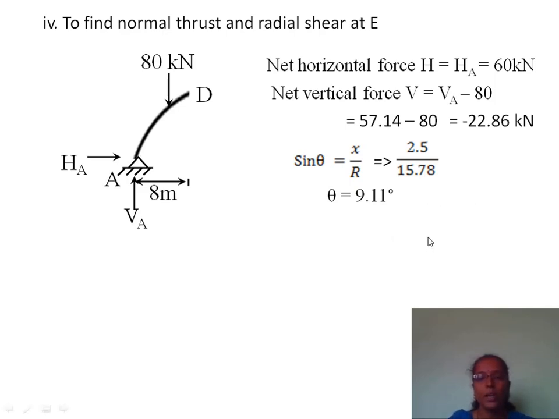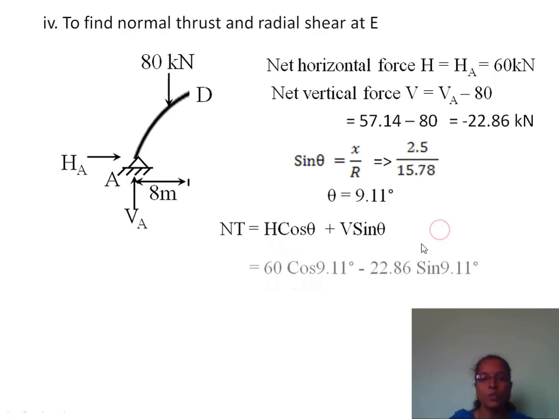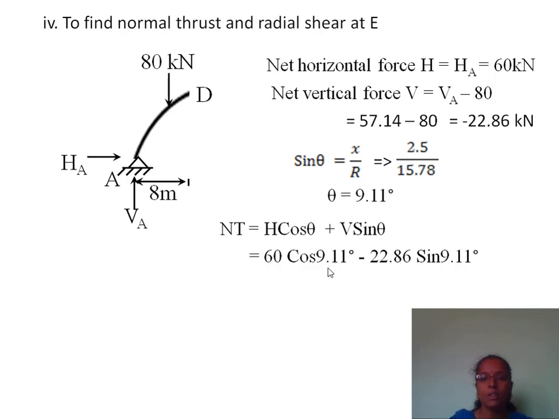Once you obtain theta, we substitute into the equations of normal thrust and radial shear. Normal thrust is H cos theta plus V sin theta, where H and V are net horizontal and vertical forces. Substituting, 60 cos 9.11 minus 22.86 sin 9.11.